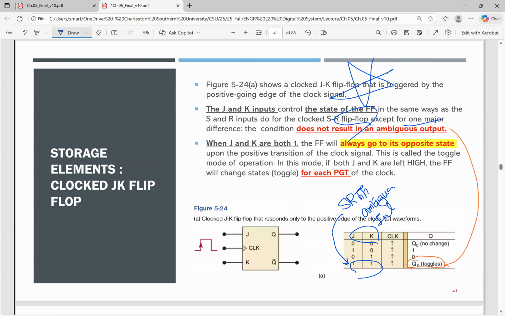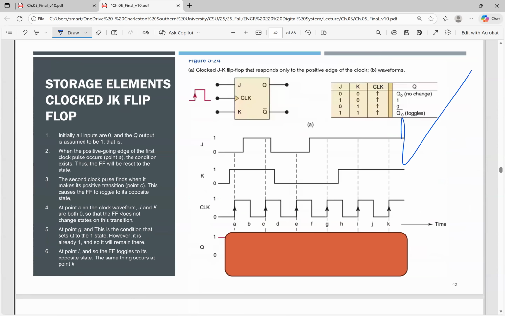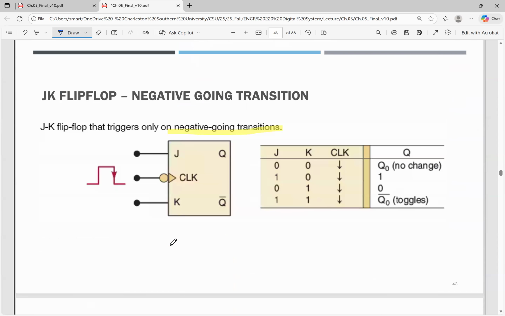But the JK flip-flop has the toggle. 0, 0, no change. 1, 0, set. 0, 1, reset. 1, 1 is toggle. So we can use the four different options in here, but it should be PGT. Okay, here. All right. So you have to practice. Okay, you have to practice in here. All right.